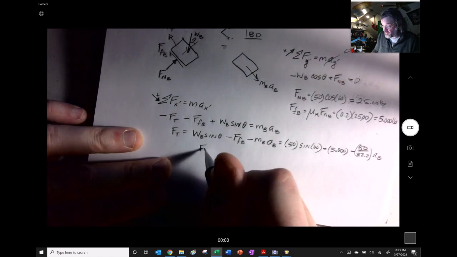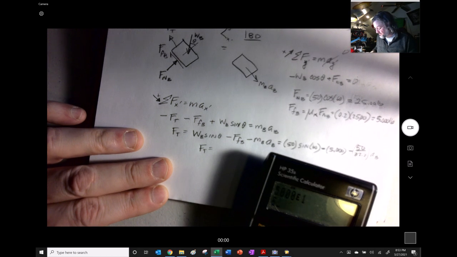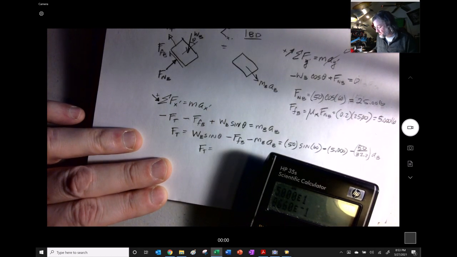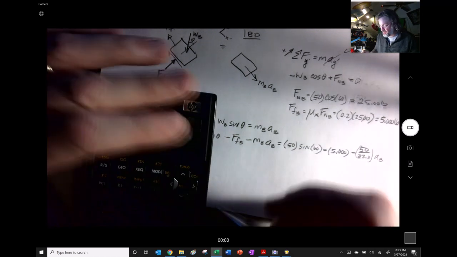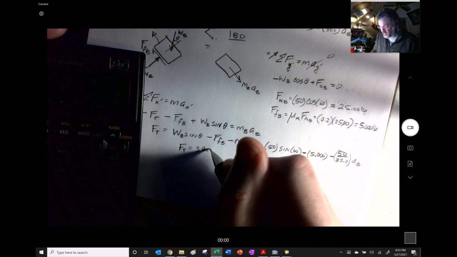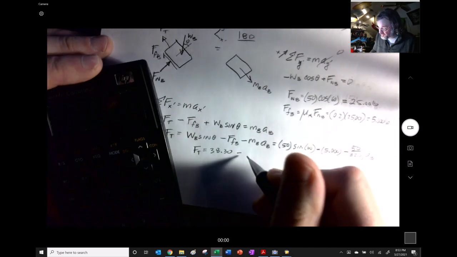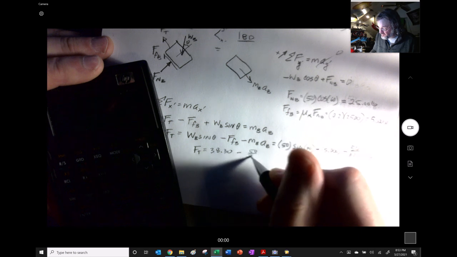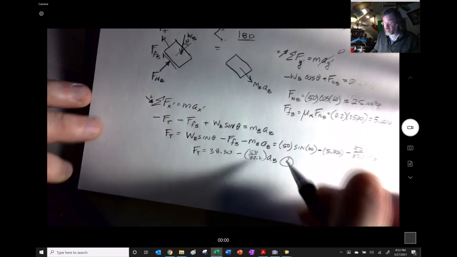So 50 times the sine of 60, but then we're going to subtract out 5, and we end up with 38.30 minus our 50 over 32.2 AB. So that's our second equation.